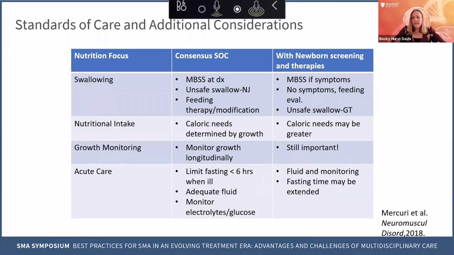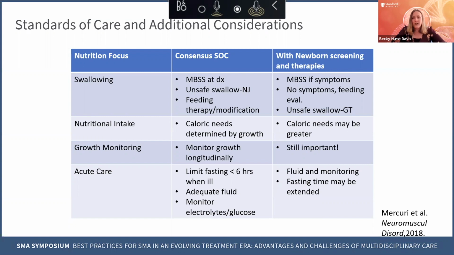I can only think of a small handful of times that I had a non-sitter with SMA historically who was considered safe to swallow. And so we would put a nasojejunal tube in until we could get them scheduled for a G-tube surgery.